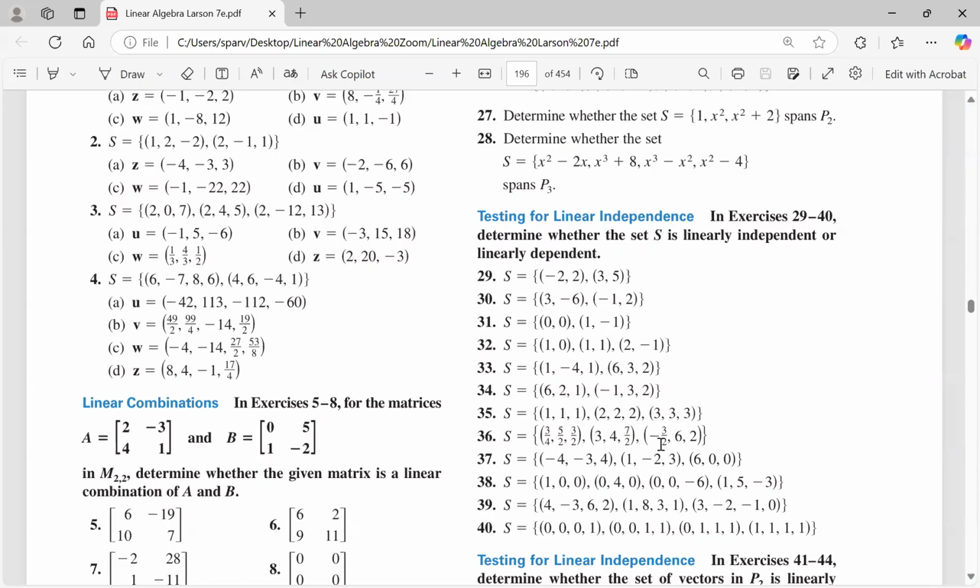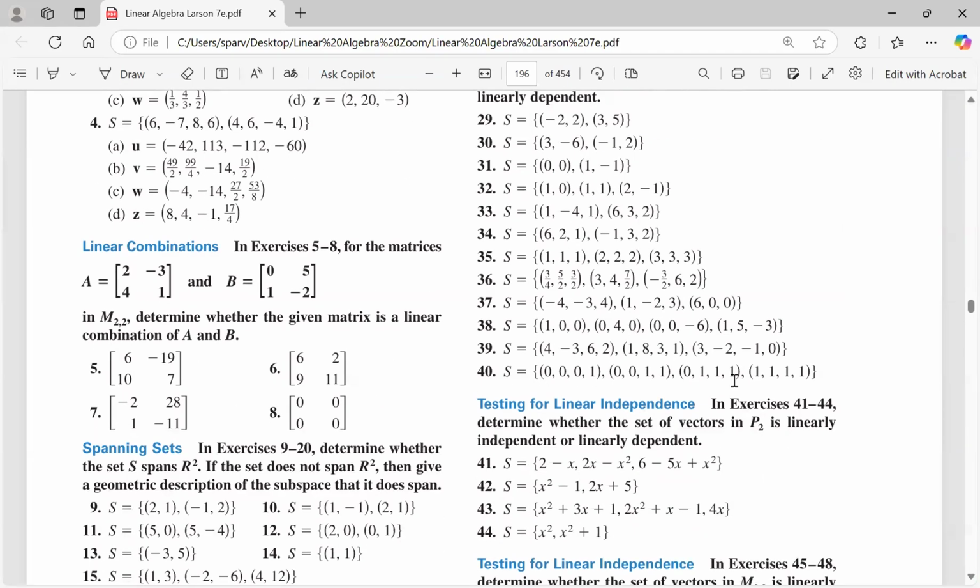For linear independence, remember, if the determinant is 0, that means the system is linearly dependent. If determinant is 0, linearly dependent. Determinant not 0, linearly independent. So for all of these, you just set up the system just like I did in my number 24 exercise.